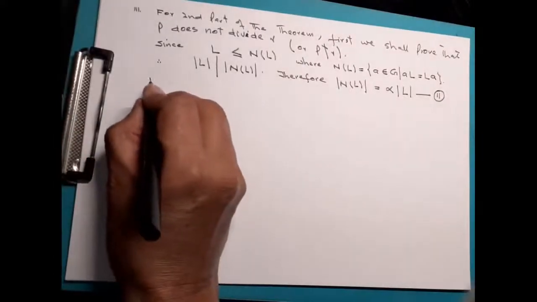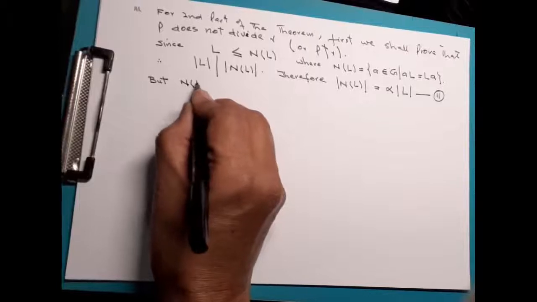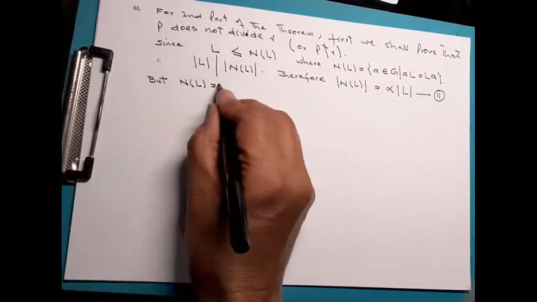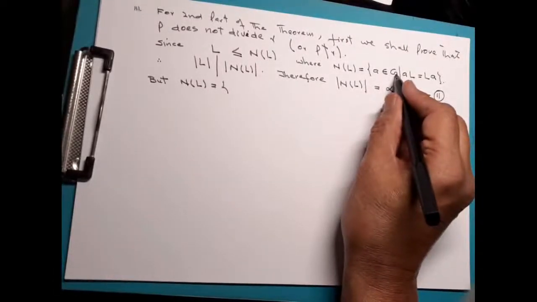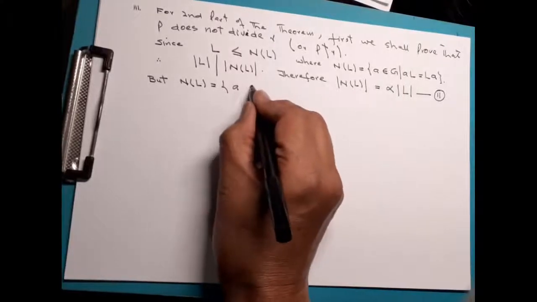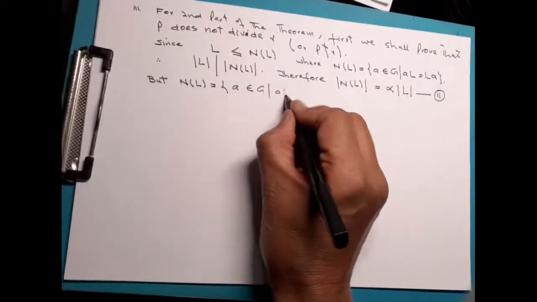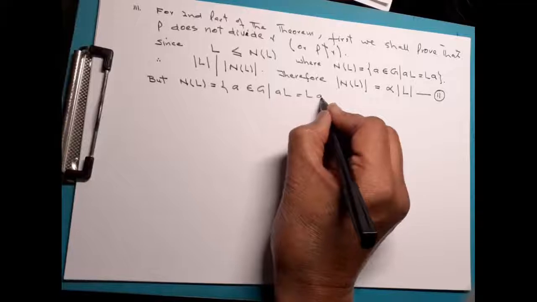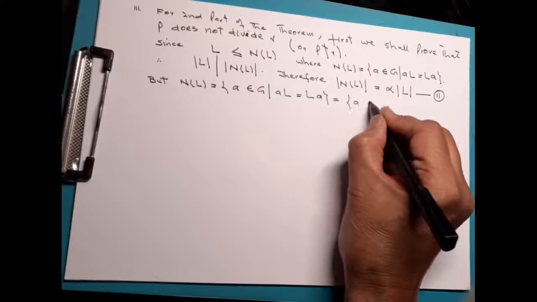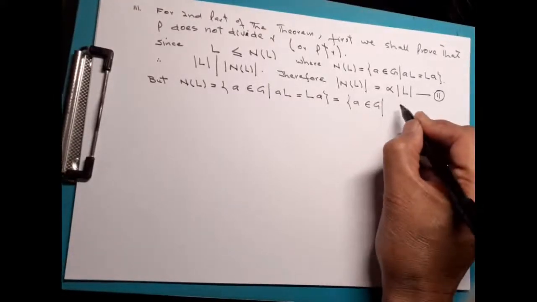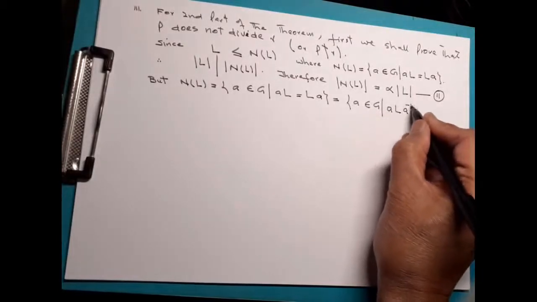Now note that the normalizer of L, as we have noted above, is equal to those elements A belonging to G such that AL is equal to LA, and this is equal to those elements of G such that ALA inverse is equal to L.